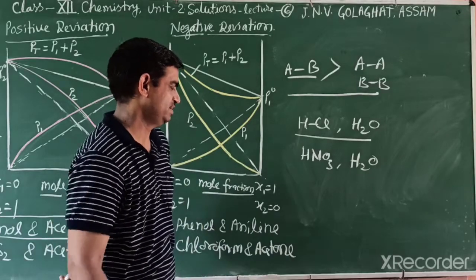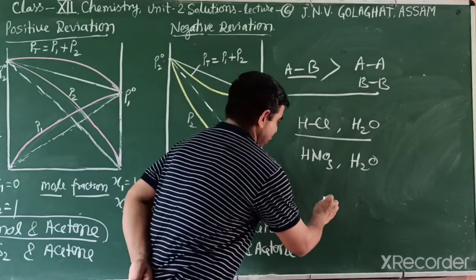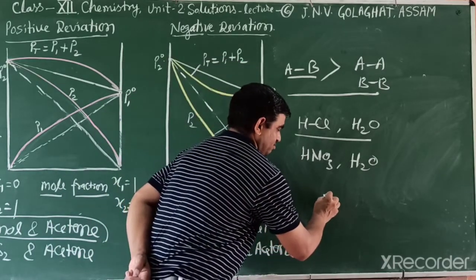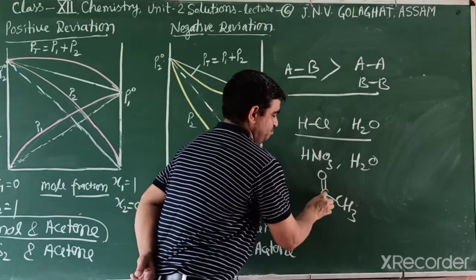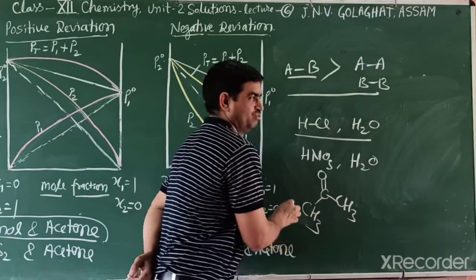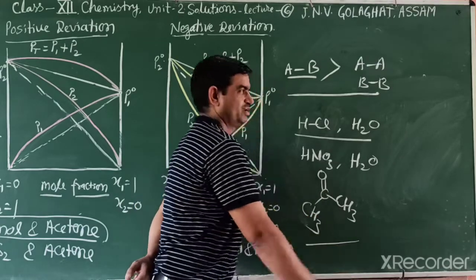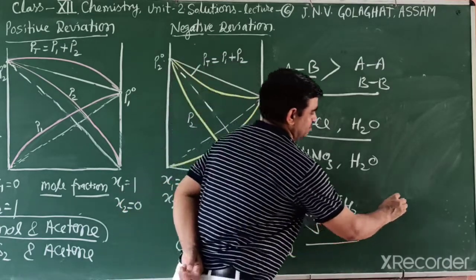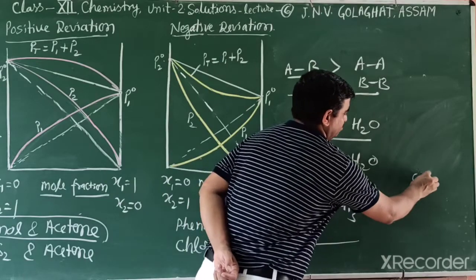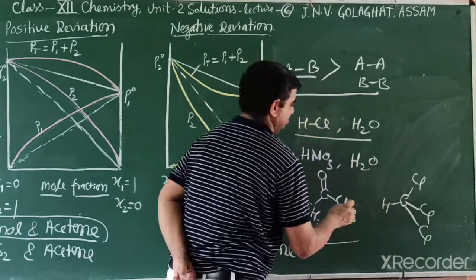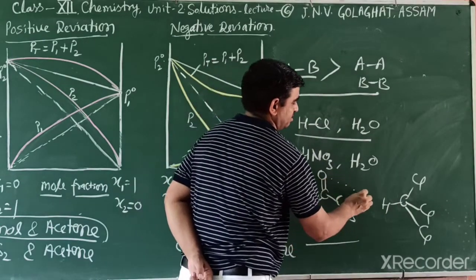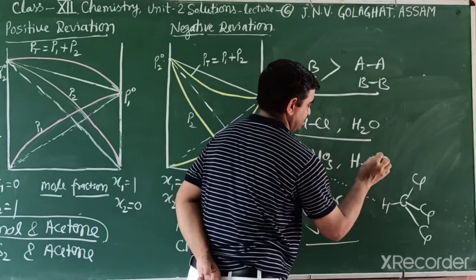Another example we can write is chloroform and acetone. Acetone means propanone, a ketone; you will study this in organic chemistry. With acetone and chloroform, a new force forms, like hydrogen bonding, students.